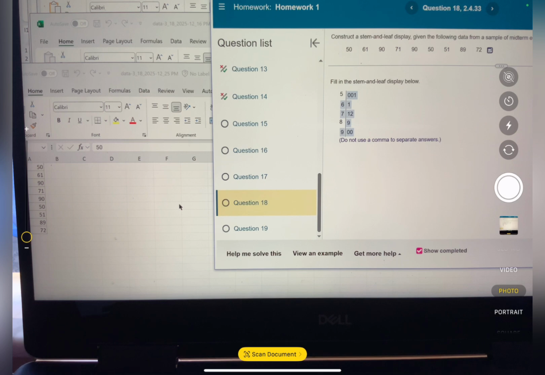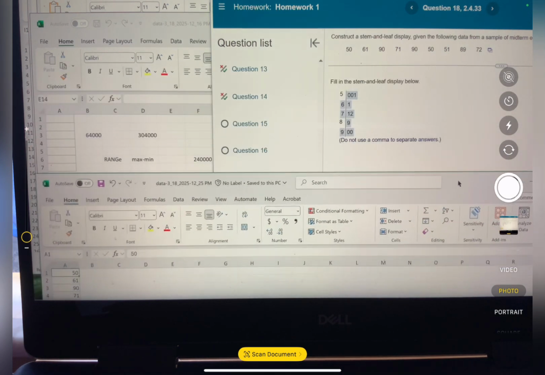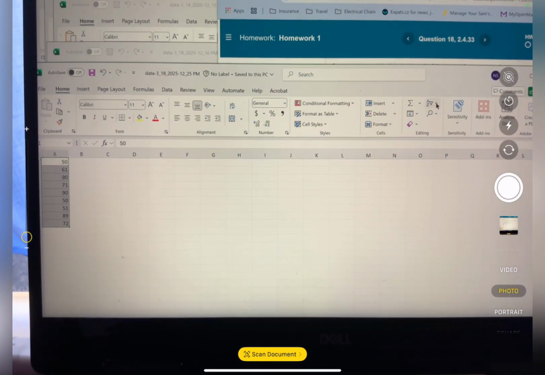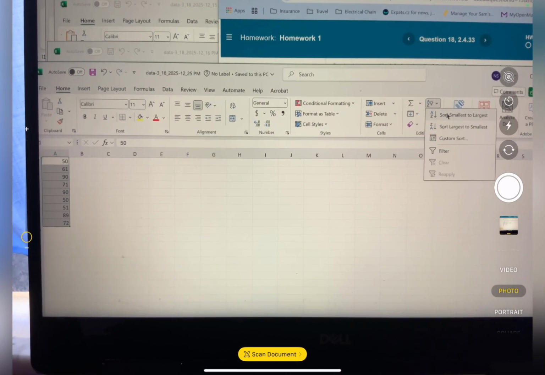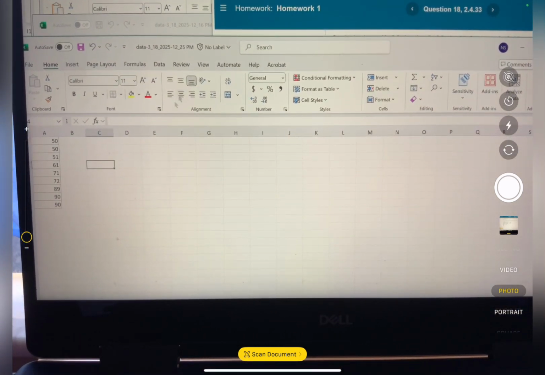So how are we going to work the stem and leaf? First of all, we need to arrange in ascending order, smallest to largest. I got it. Now 50, let's say, what is the stem, what is the leaf here? 50 means 50 plus 0, right? 51 is 50 plus 1, 61 is 60 plus 1, 71 is 70 plus 1.